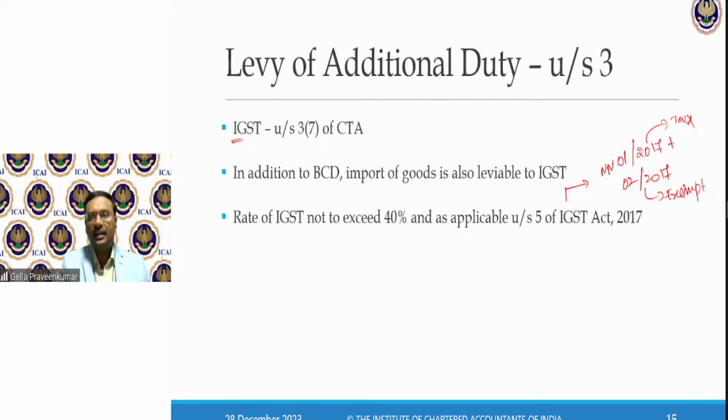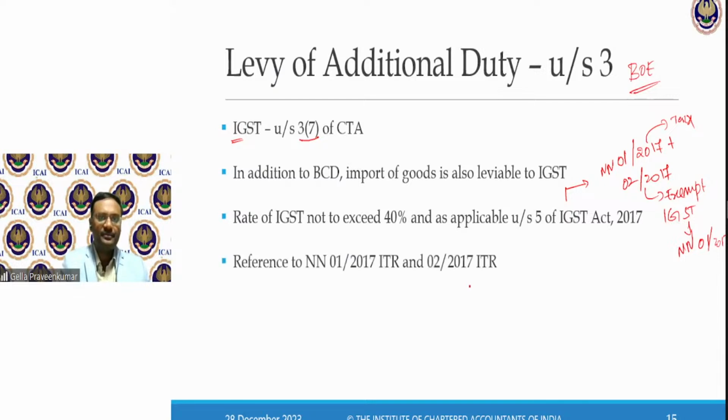So here, I don't know how many of you have seen a particular bill of entry. When you see the bill of entry, for the purpose of IGST computation, they refer to notification 01 of 2017. There is a reference always made to this IGST for payment of IGST under section 3, subsection 7.